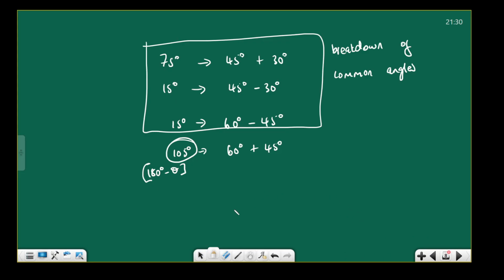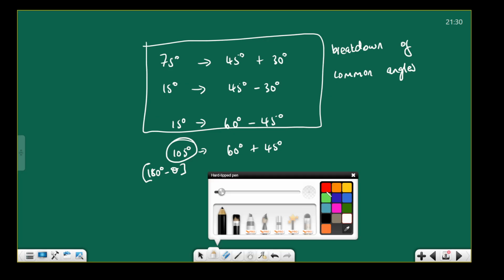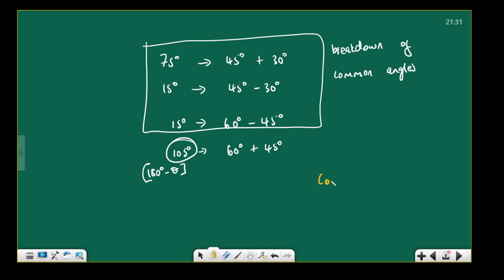If you find yourself having, for example, let's just say you are given cos 15 degrees, you are able to write this as cos of 45 degrees minus 30 degrees. Then you apply the formula: cos 45 cos 30, you change the sign, then you have sine 45 sine 30.